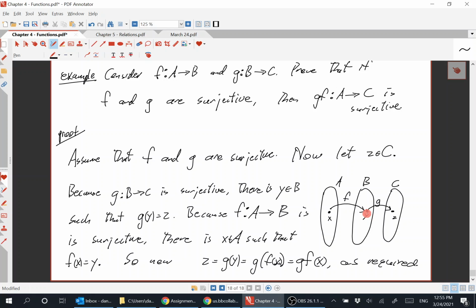Because F is surjective, given the Y in B, there is X in A, such that F of X is equal to Y. So, that means Z, which is G of Y, is G of F of X, which is G following F of X.